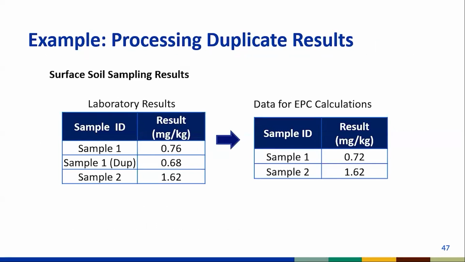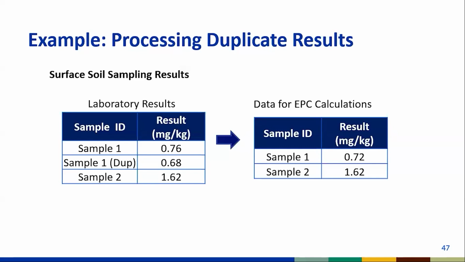Retaining both duplicate results in the dataset may bias the 95 UCL towards that sampling location. Given the similarity between results for the duplicate pair, 0.7 milligrams per kilogram for the parent sample and 0.68 milligrams per kilogram for the duplicate, the health assessor should average them to yield a single value.